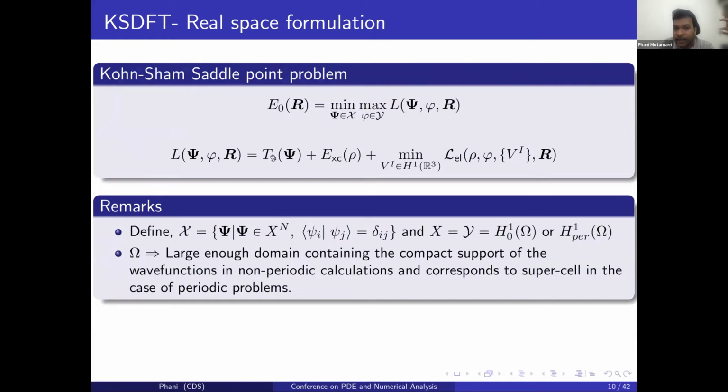And hence the Kohn-Sham minimization problem, which I showed you before, can now be written as a min-max problem, where the minimization is over the single particle wave functions psi, and the max is over the auxiliary electrostatic potential, which arises because of the electron density and the nuclear charge, over this Lagrangian L, which involves the kinetic energy of non-interacting electrons, the exchange correlation energy, and this min over Vi, which is over the self-potentials.